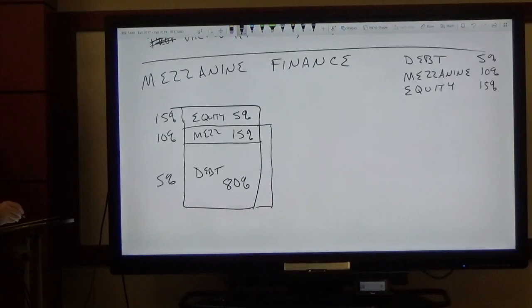So if that's the case, what we would do, pretty much take 10%, well, actually, we want to be consistent. 15% times 10% plus, in this case, 80% times 5%, okay, for our debt.